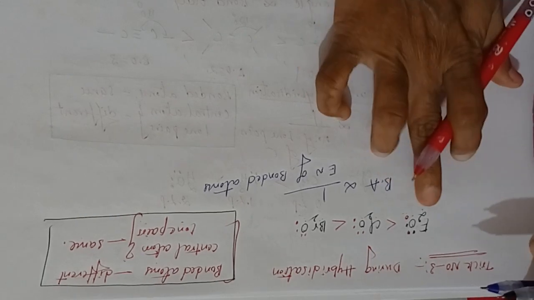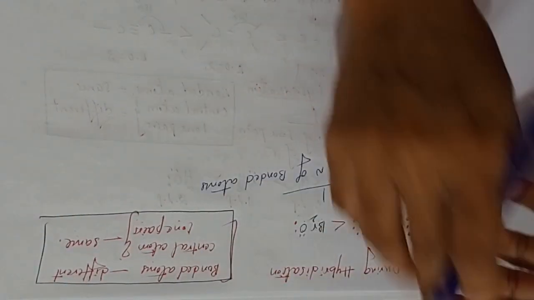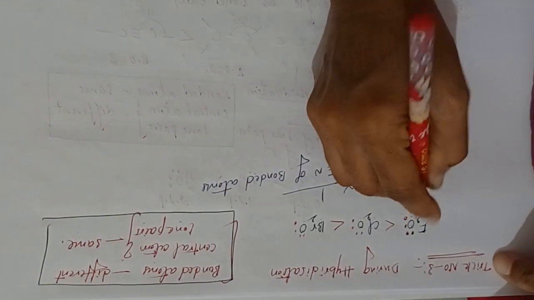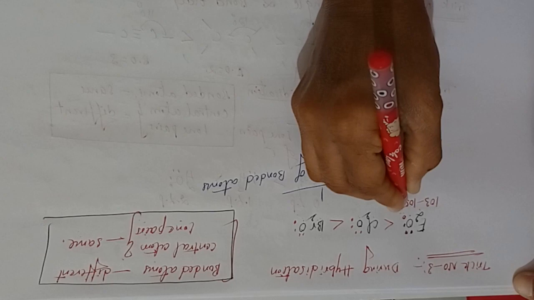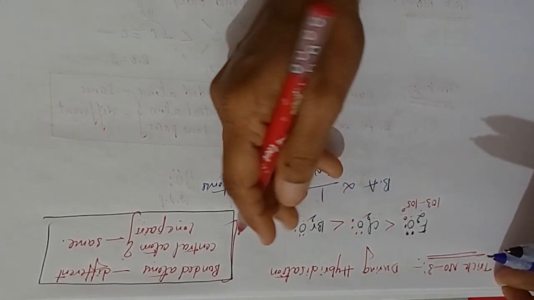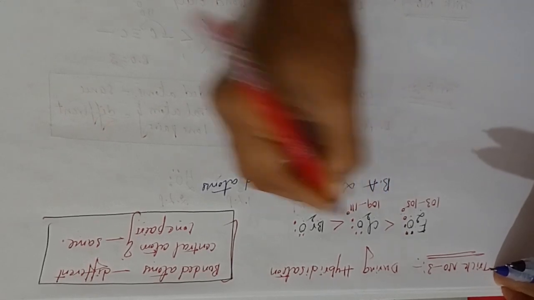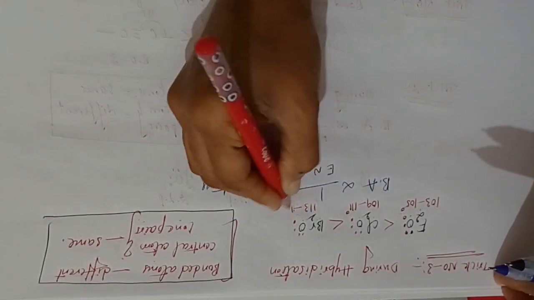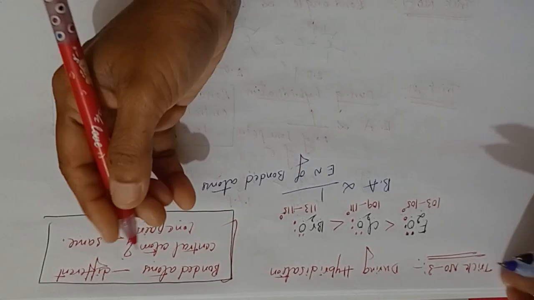So what are the bond angles? If you observe, students, F2O is 103 to 105 degrees. Cl2O bond angle is 109 to 111 degrees. Br2O is 113 to 115 degrees.